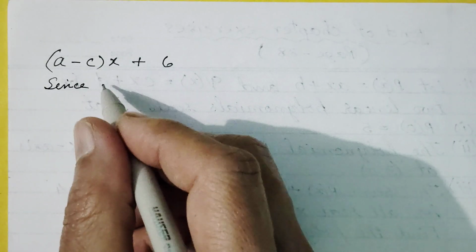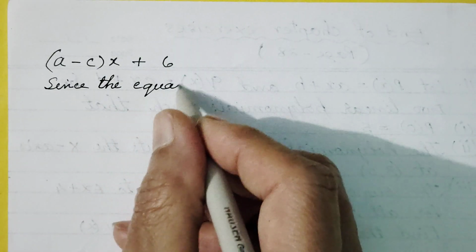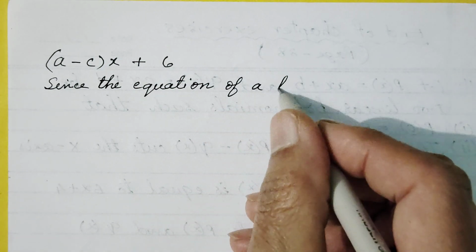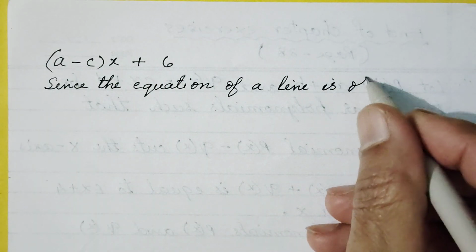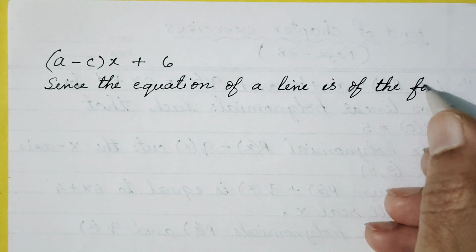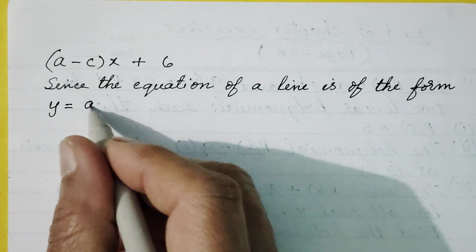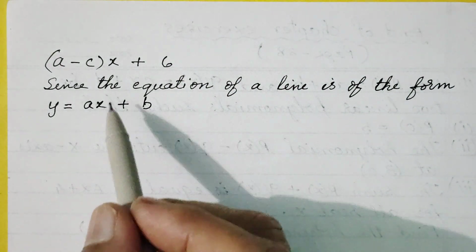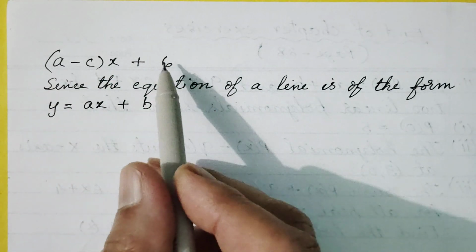Since the equation of a line is of the form y is equal to ax plus b, I can write this as: a minus c will be equal to a, 6 will be equal to b.